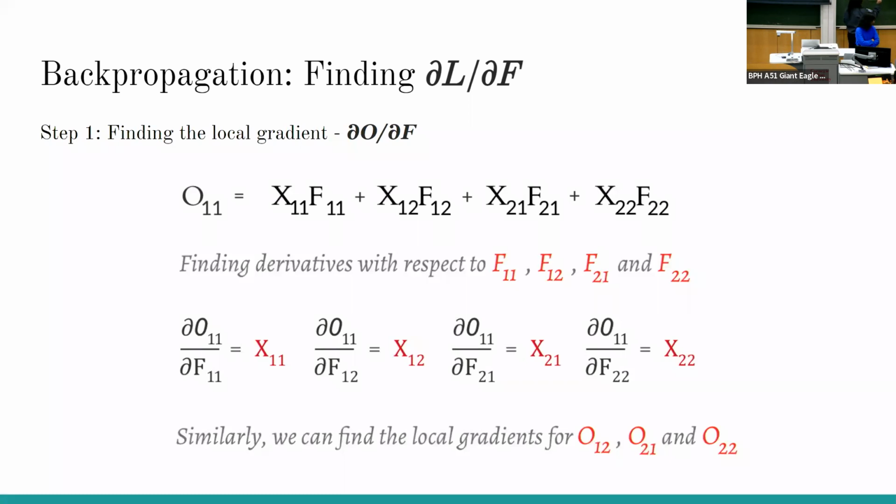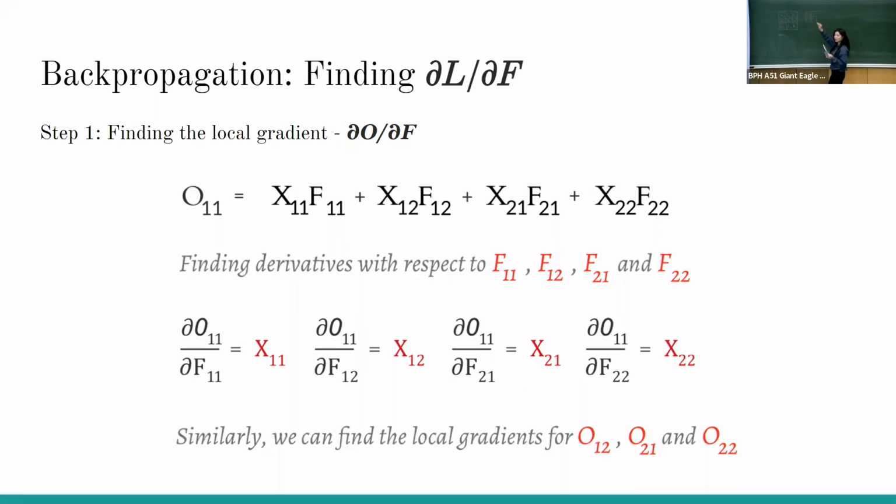In order to find dL by dF, let's first consider our input, which is 3x3. So we have x11 here, x12, x13, x21, x22, x23, and so on. Then we will be convolving this with our filter F, which is f11, f12, f21, and f22.